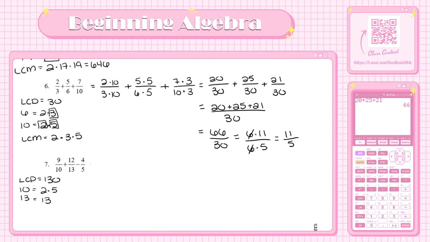So I need to rewrite this as 9 over 10 times 13 over 13 plus 12 over 13 times 10 over 10 minus, so we got to make sure we don't lose that minus, 4 over 5 times 26 over 26.